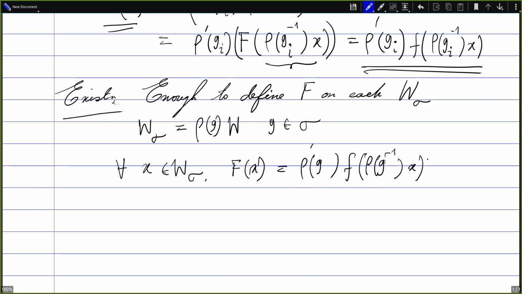We have to just prove that this does not depend on the choice of g, and that is very easy to see.